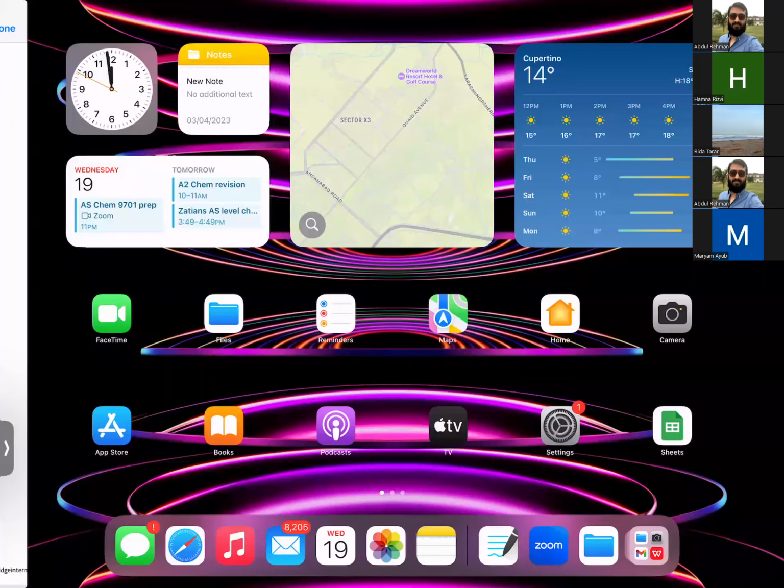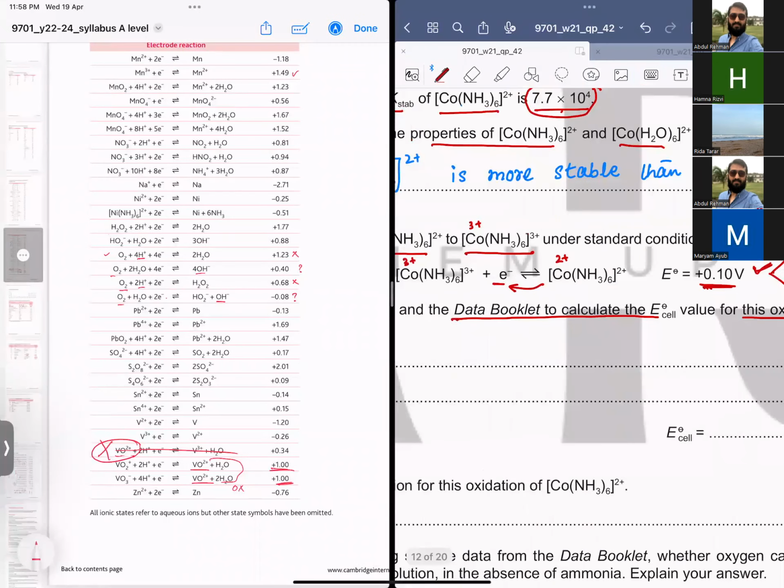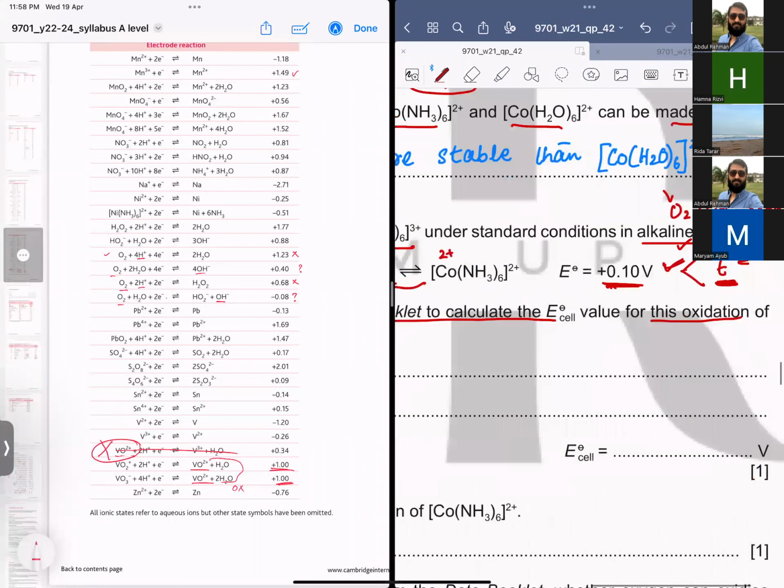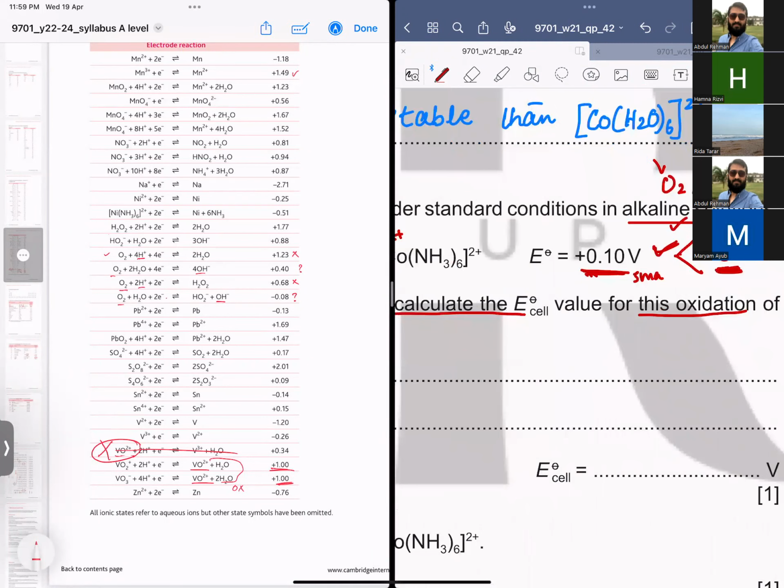Its value is 0.10, and as we have decided that it must be the greater one, and as this one has a minus value, I would cut this one down. So I'm left with this one, and it has 0.40 volt. So this can be the equation that I can use.